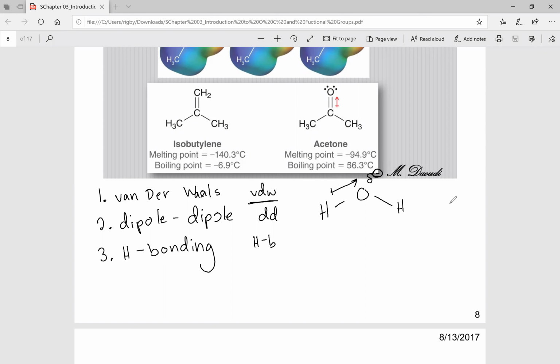By the way, this little symbol here means partially, and I'll put a positive or a negative by it, so it would be partially positive or partially negative. So the oxygen is partially negative, and the hydrogens are partially positive. This is similar to van der Waals, except this dipole-dipole moment is permanent.